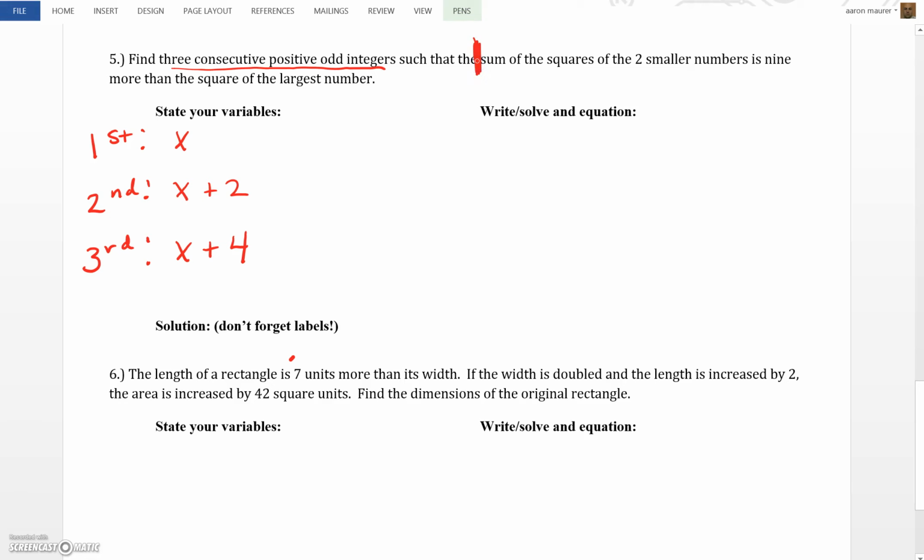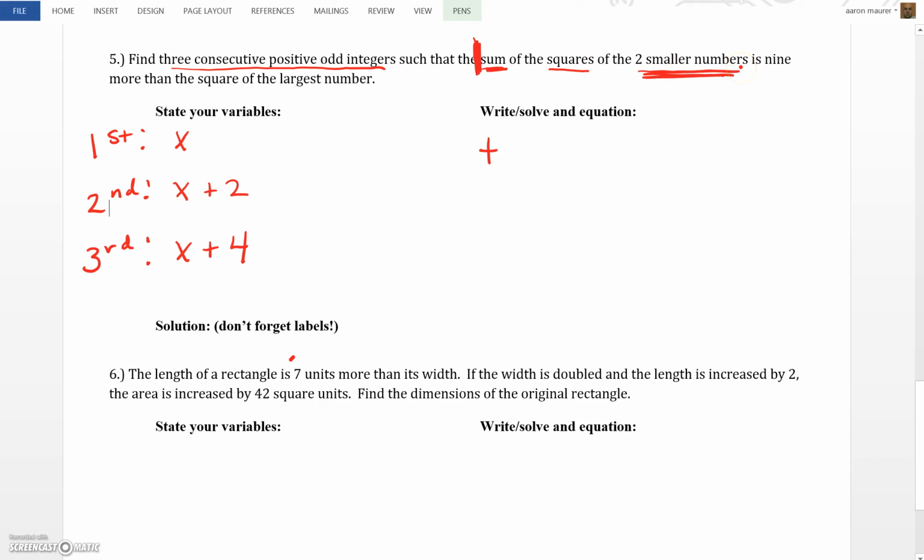Okay. So now we need to look for some key words here. We're going to be finding the sum. Well, by this point in the ballgame, I hope you know that the sum means that we're going to be adding. So now we need to figure out, okay, what are we going to add? Well, it says the squares, not the square root, the square of the 2 smaller numbers.